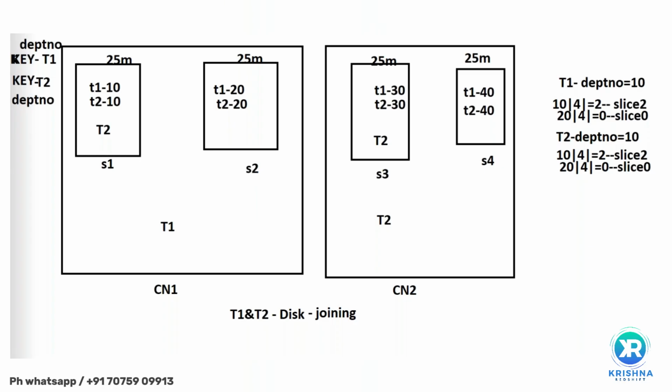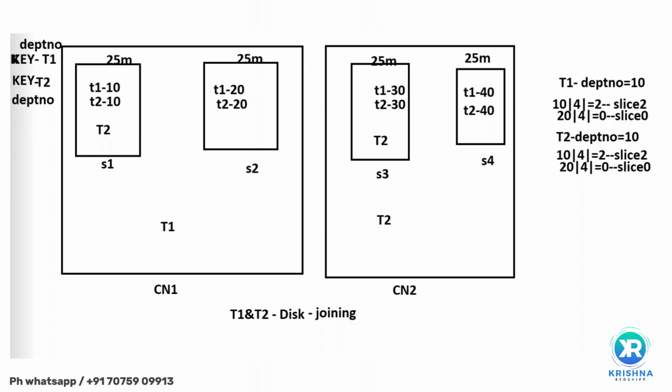So in all the 50 rooms, what type of employees do you have? Department wise. That means in every room, all the employees are from the same department. For example, in room 1 they are HR, room 2 production, room 3 sales, room 4 marketing, room 5 transportation.